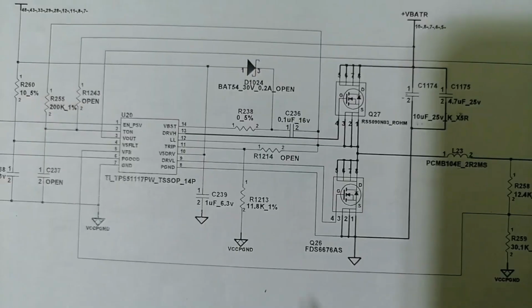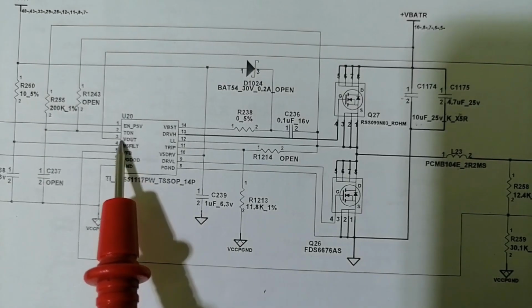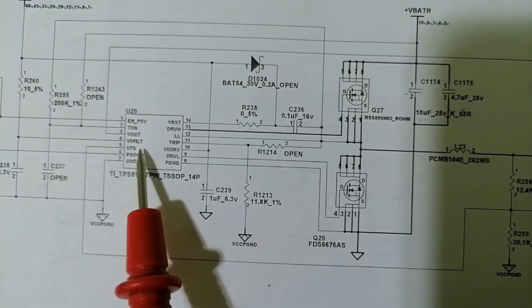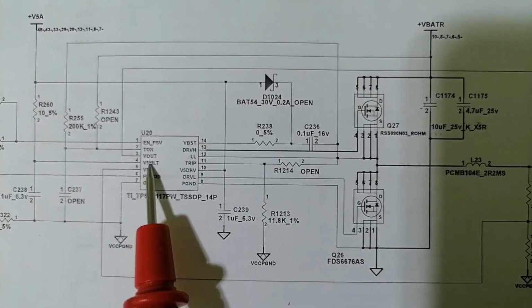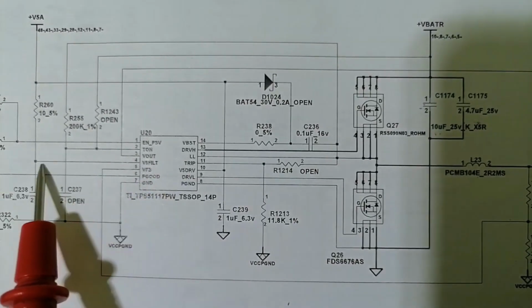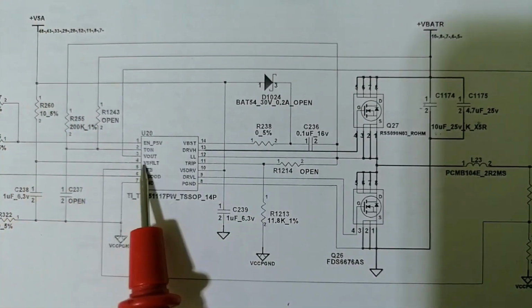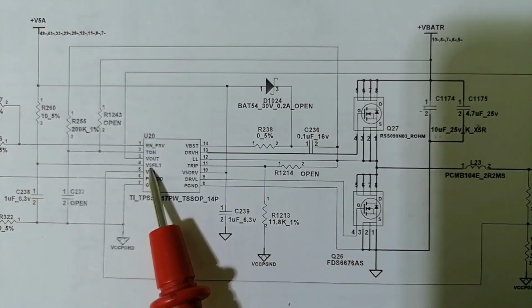But to get this V out, we need inputs first. Inputs, for example, like the VCC, as you can see here, 5 volt. This 5 volt is the first input. We should get 5 volt here.